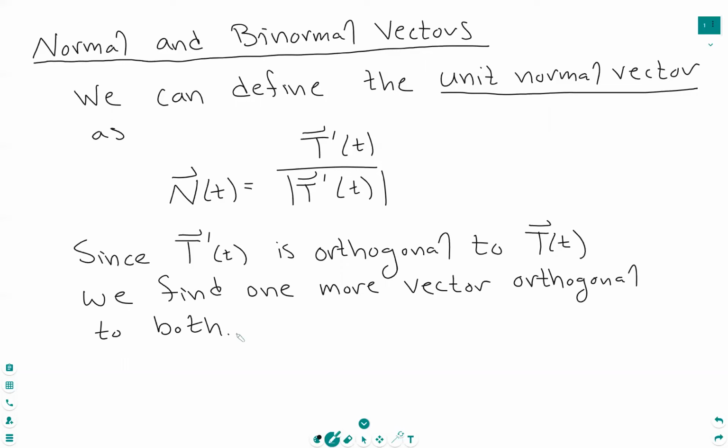So imagine that you're in some plane and you've got T, this unit tangent vector, and now we have this unit normal vector. They're both at 90 degrees with one another, but we're in R3, right? So we can fit in another vector that's orthogonal to both of those. And using all three of those things, we can build a new Cartesian coordinate system.